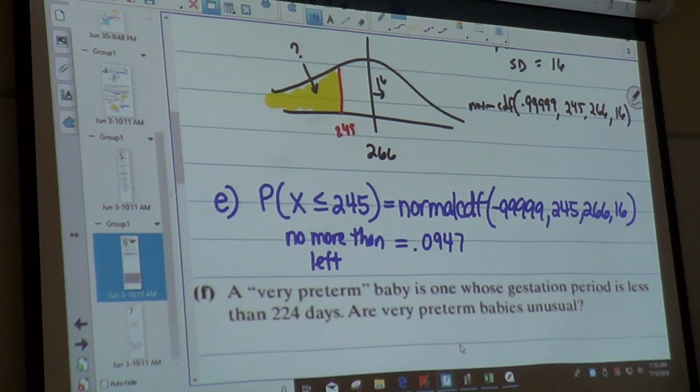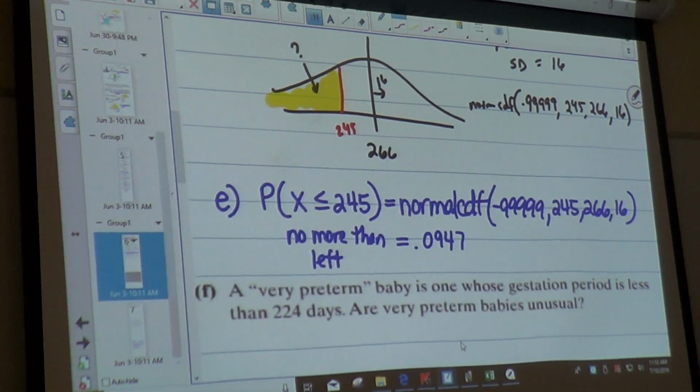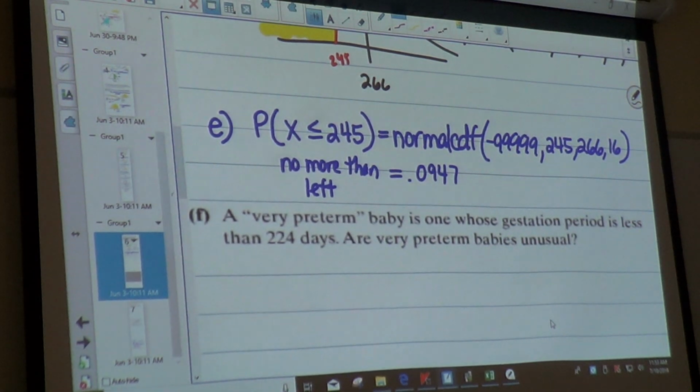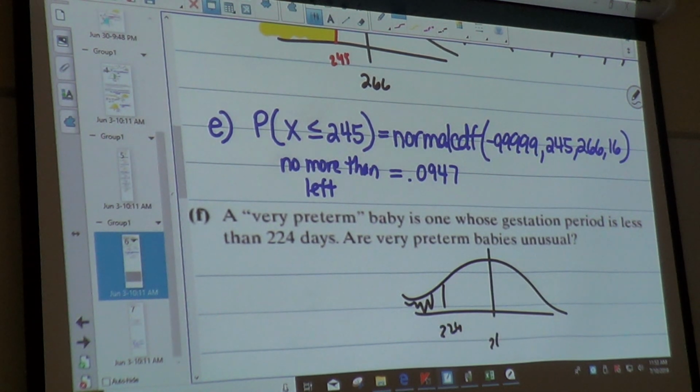Yay? All right, a very preterm baby is one whose gestation period is less than 224 days. Are very preterm babies unusual? Okay? So, it's going to be a similar picture to the last one. We're doing 224 or less. So we're going to do a norm CDF from negative 99999 to 224.